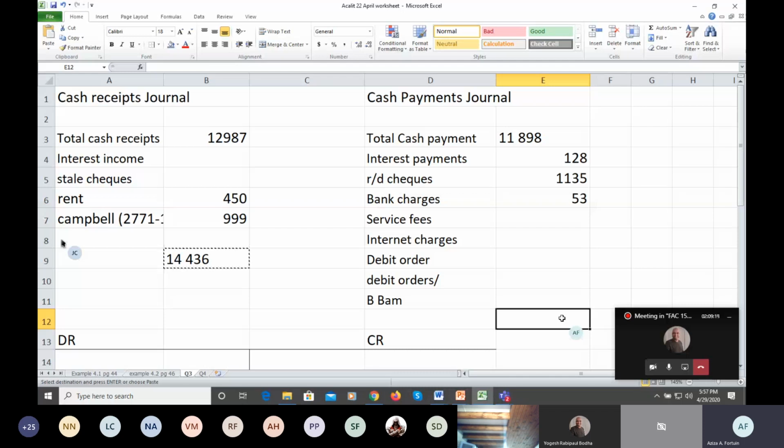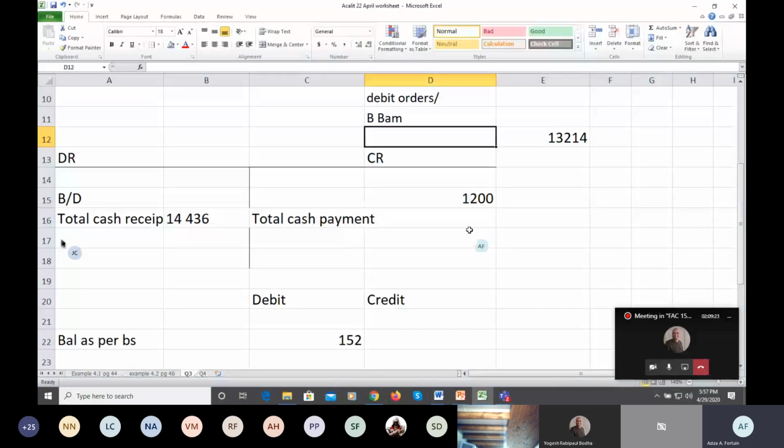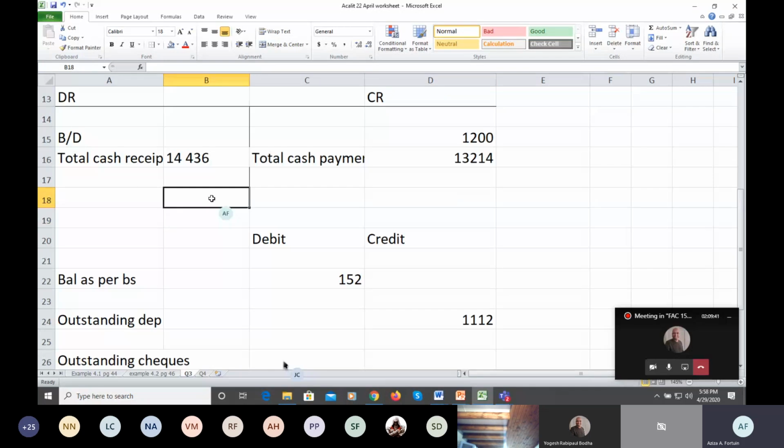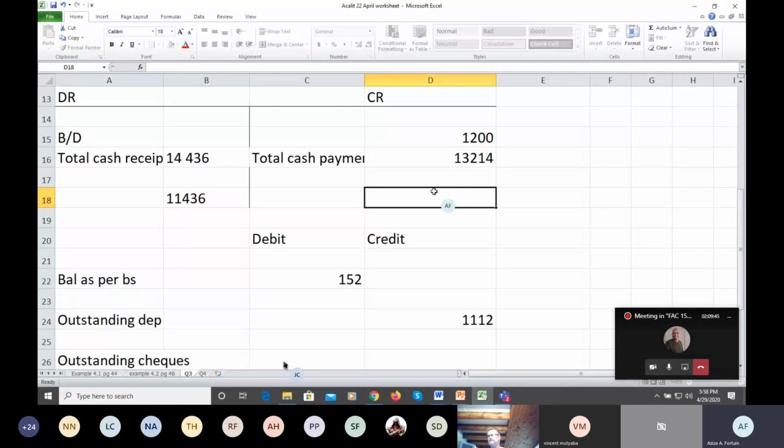Okay, so if I'm going to add it up, this amount 1,200 plus 13,214 is lower than the 14,436. So we're going to put 14,436 minus 13,214 minus 1,200. So I'm going to get an amount of 22 Rand.